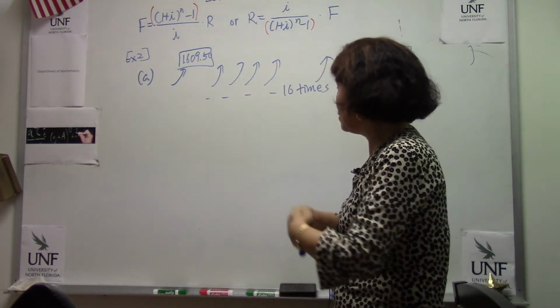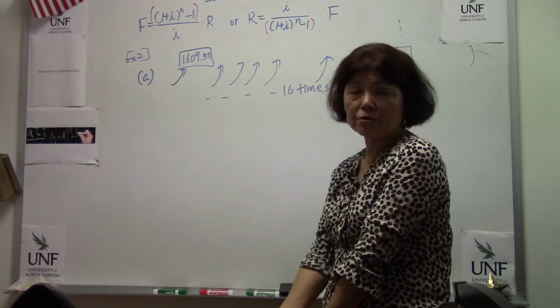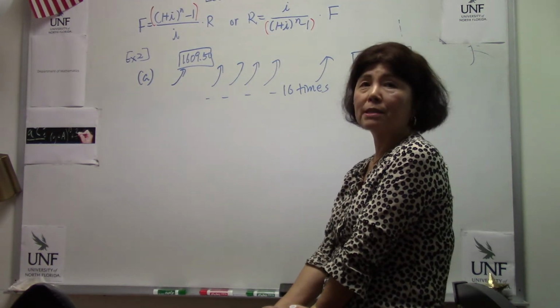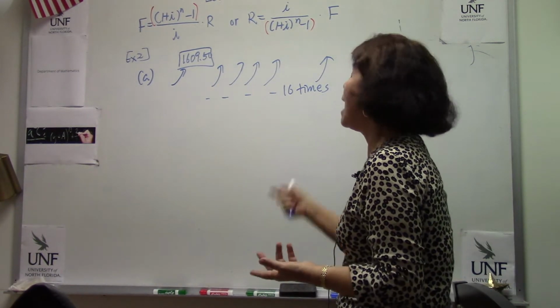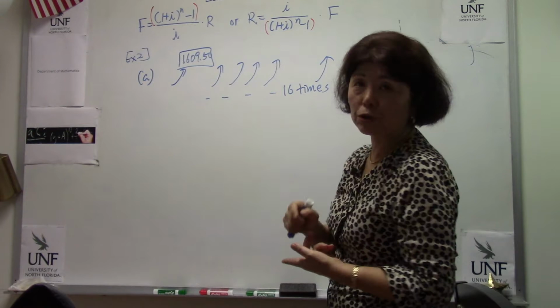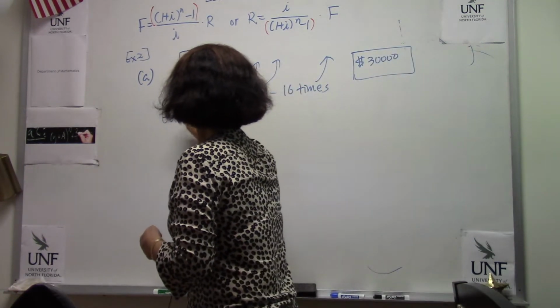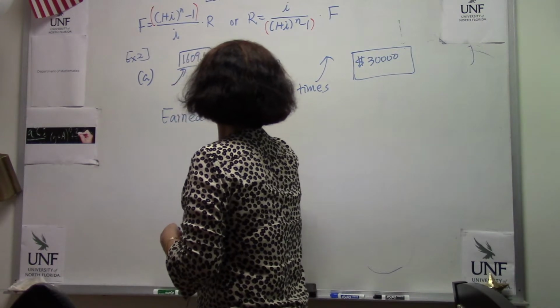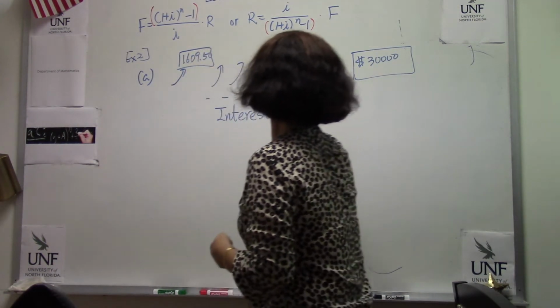Because when you put the money in the bank, you expect the money to grow, and the question is how much? In other words, how much interest you are going to earn. So let's think about interest earned.